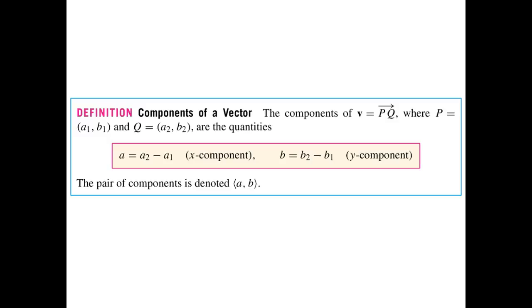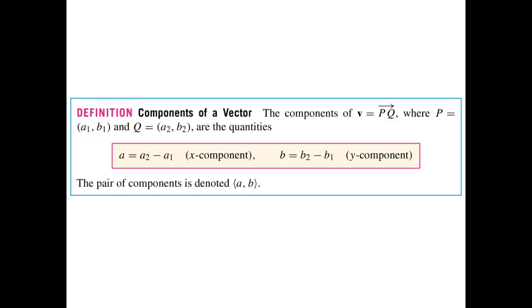The A is, I'm going to call it now, the horizontal component of that vector, A2 minus A1, the X component. I don't like calling it X, I'd rather call it horizontal component. And the B, or the vertical component, they're calling the Y component, is B2 minus B1.